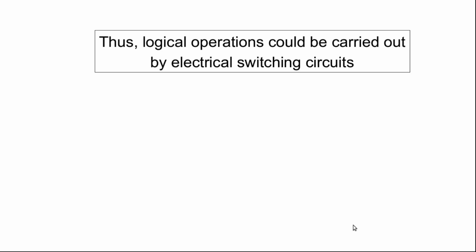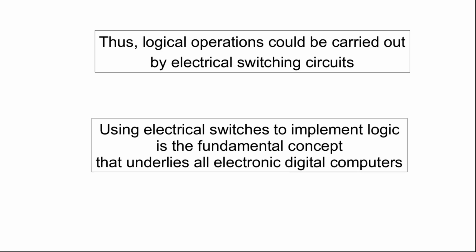So thus we can see that logic operations could be carried out by electrical switching circuits. We have seen 3 different electrical switching circuits, and we saw they implement the logic operation AND, the logic operation OR, and the logic operation NOT. And this use of electrical switches to implement logic is the fundamental concept that underlies all electronic digital computers.